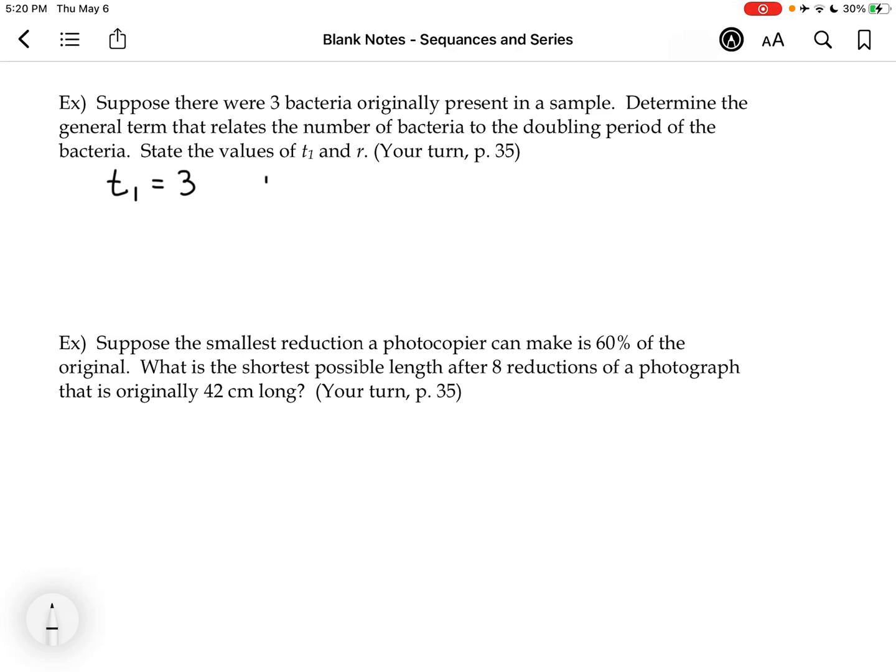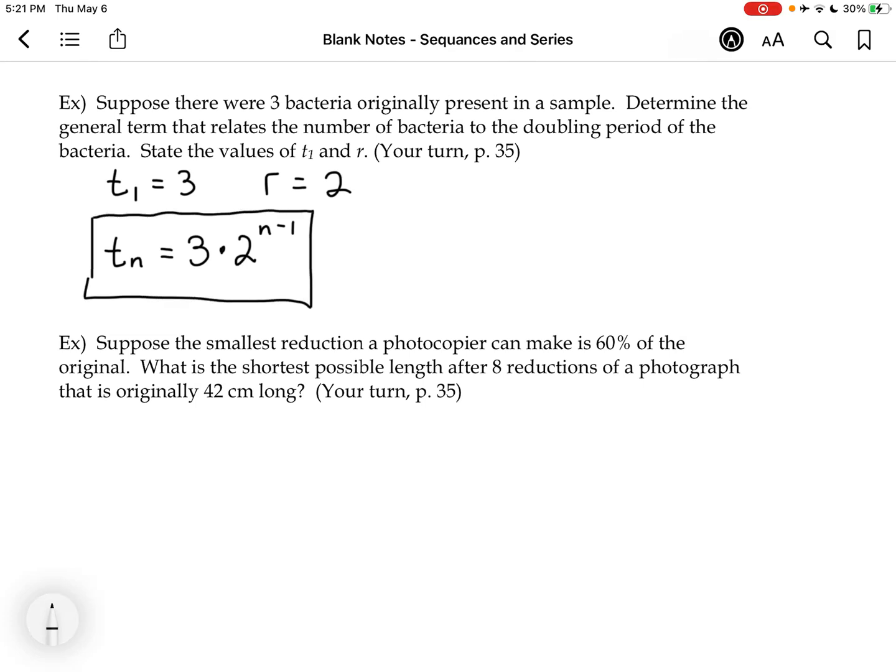And r, if they're doubling, is 2. So the general term of how many bacteria there will be is Tn equals 3 times 2 to the n minus 1.